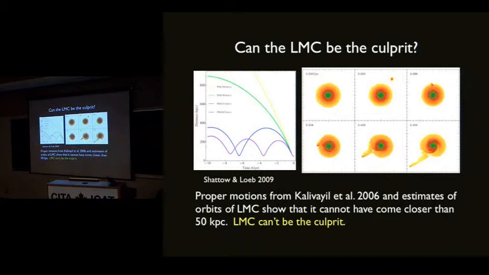Now, I should admit, I haven't followed the details of their calculation of the mass of Sagittarius, but I think there is a wide range in the masses being cited for many of these dwarf galaxies because their total dark matter mass is hard to estimate. So we're going to leave it at that because I want to move on. But if you want to talk about this more, we can come back.